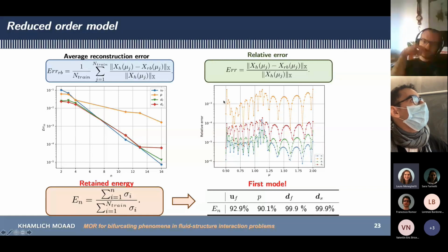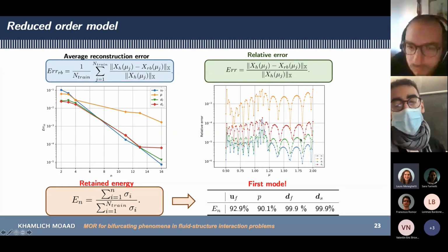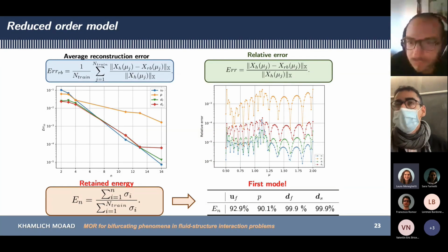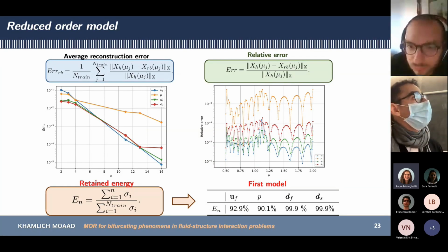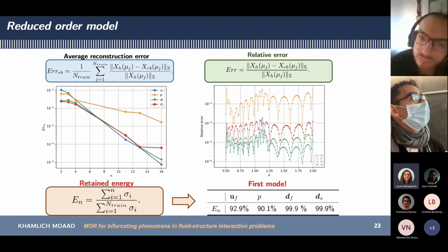And actually, if one counts the peaks, one will find that there are exactly 16, and that happens because each basis helps the convergence in a particular sub-interval of the parameter space.